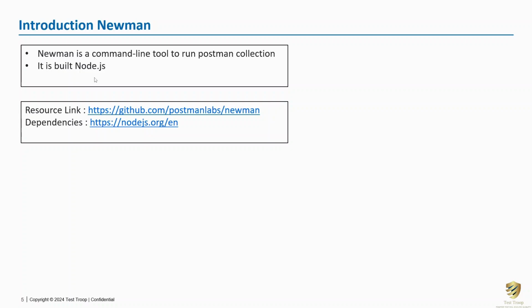If you want to install this Newman command line tool, first you need to install Node.js. You can go to this particular resource, find the installable for Node.js, and install it on your machine. It can be a Linux machine, a Mac machine, or your Windows machine.